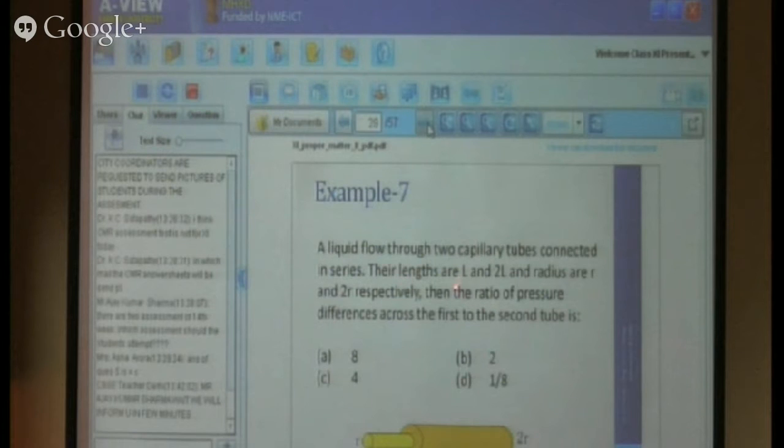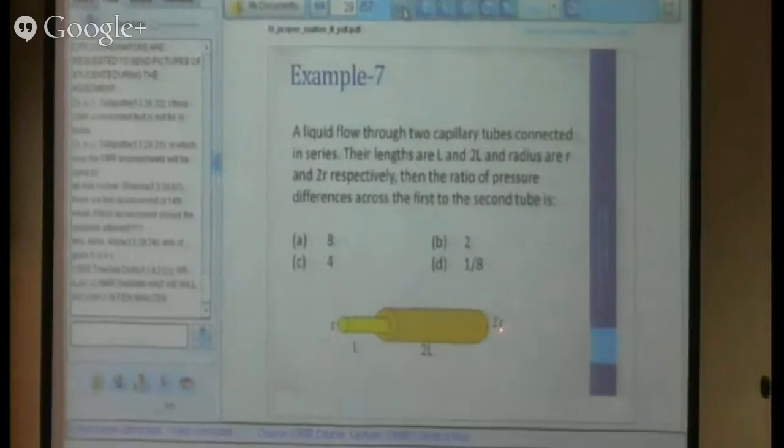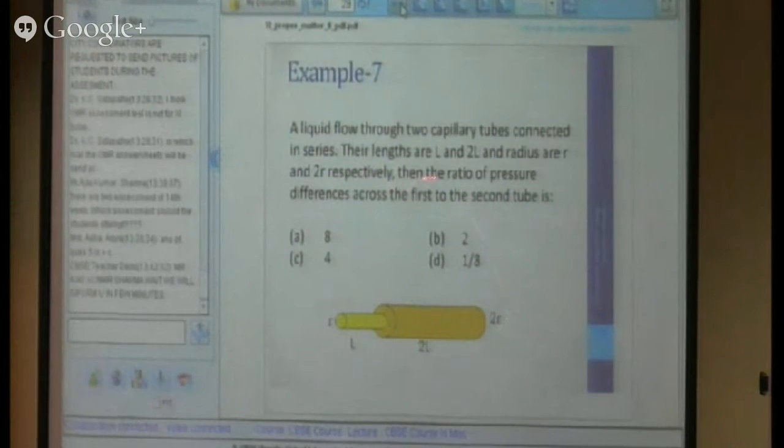Their lengths are L and 2L, and radii are R and 2R. The ratio of the pressure differences across the first and the second tube is. That means there is some pressure difference across the first tube, and there is a pressure difference across the second tube, and they are connected in series.